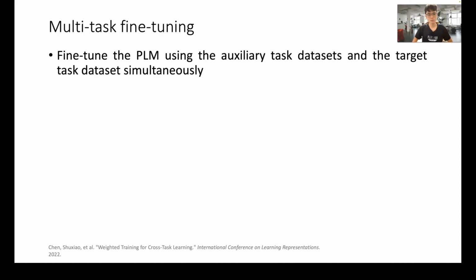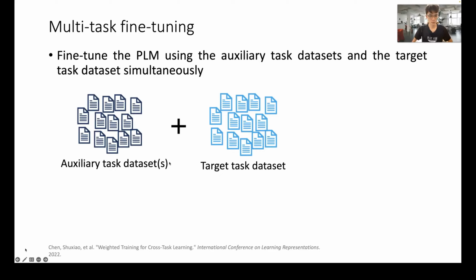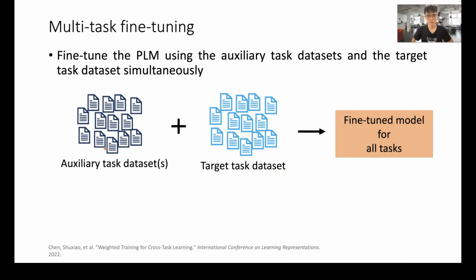So in multitask learning, we have the auxiliary dataset, and this is just the dataset of another task, and we have the target task dataset. So in multitask fine-tuning, we just combine the two datasets and use them to fine-tune a pre-trained language model.